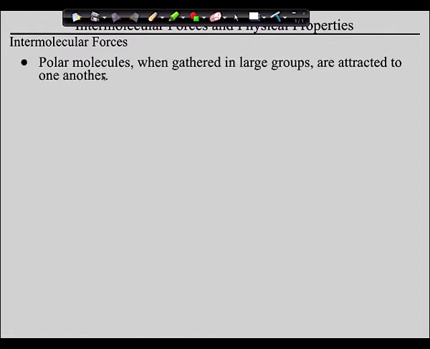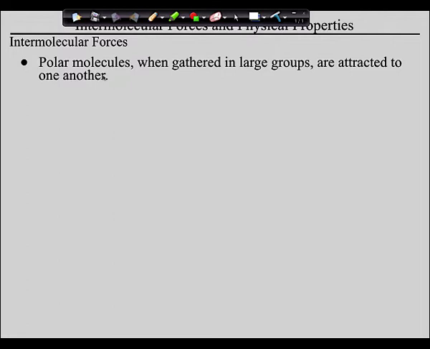So guys, at the most basic, what is an intermolecular force? Well, the bottom line is this. When you get polar molecules together in large groups, what they do is they attract each other, just like magnets. Magnets have a north pole and a south pole, and the north pole attracts the south pole. Well, guys, polar molecules don't have a north pole and a south pole.